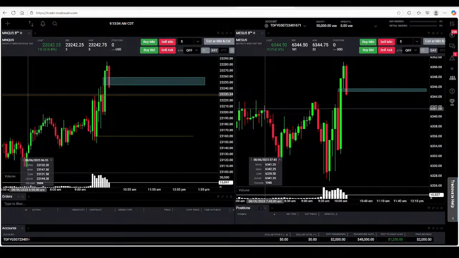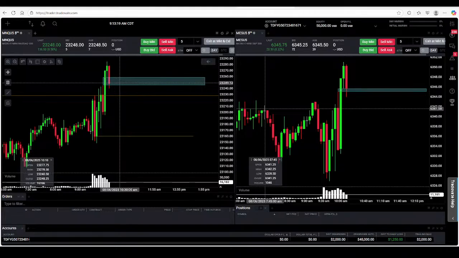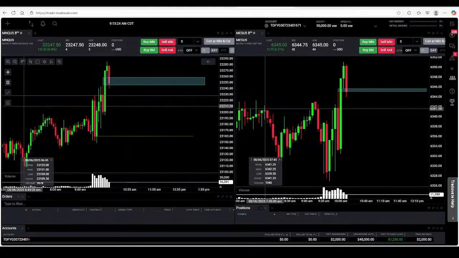A second, we might be getting an entry here. Let me go ahead and actually pay attention to this. Oh, where are my stops going to be? We would need to close below this fair value for this to work.